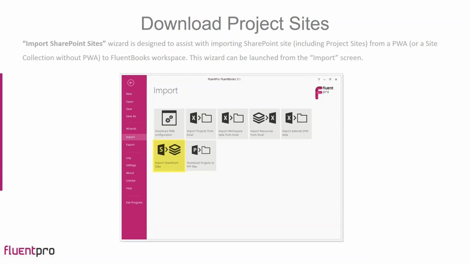This wizard is used to download SharePoint data into either a single FluentBooks workspace, or if you have a large number of project sites, each of them can be downloaded into a separate workspace just to make the migration process easier, because with larger files and larger workspaces, it will be harder for FluentBooks to open and process them. It's just more load on your computer to work with larger files.